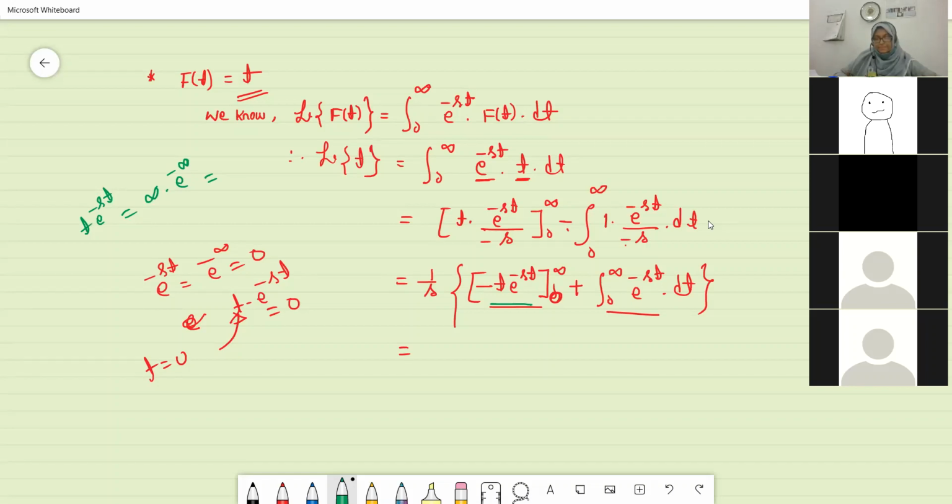Zero into infinity, e to the power minus infinity is 0. You will consider that 0 into infinity is equal to 0. Now it will be 1 by s minus 0, and here we get 1 by s. So our Laplace transformation for t will be 1 by s square.